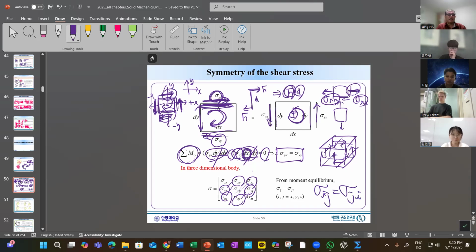So i can be x, y, z. j can also be x, y, z. So this 1, 2, 3 condition can be represented by like this. Very same. So, very important point. Okay, sigma ij equals sigma ji. This is because of moment equilibrium. Very important concept.